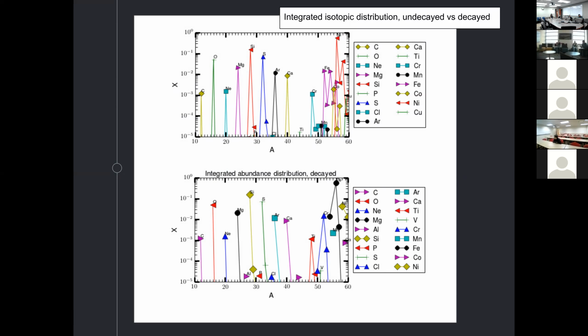So if we take, for instance, iron, in the undecayed abundances, iron has a mass fraction of around 10 to the minus 2. And if we then look here, iron has a mass fraction closer to 1, in fact.